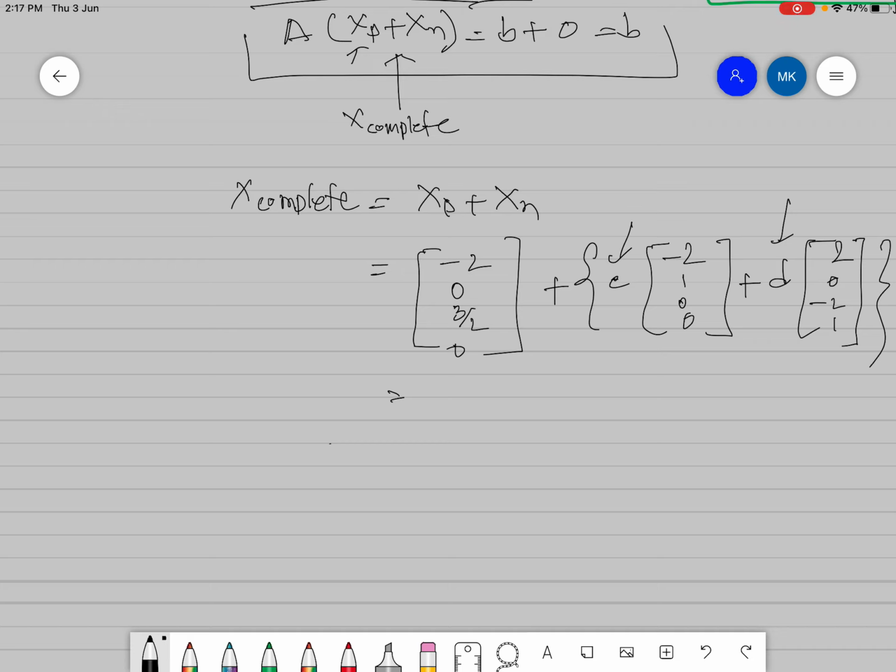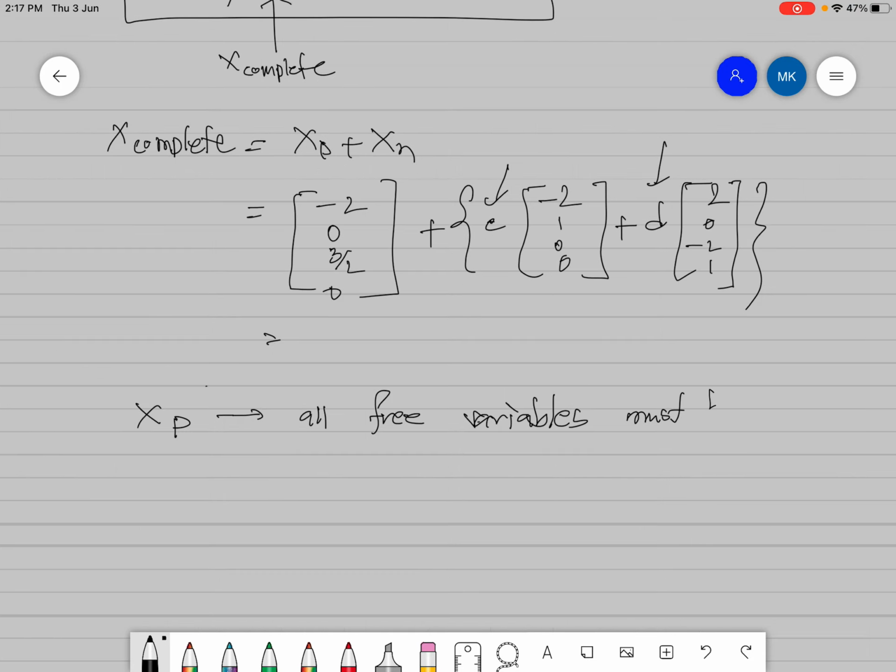Now one point should be noted here: while solving for x particular, all free variables must be set to 0, okay?